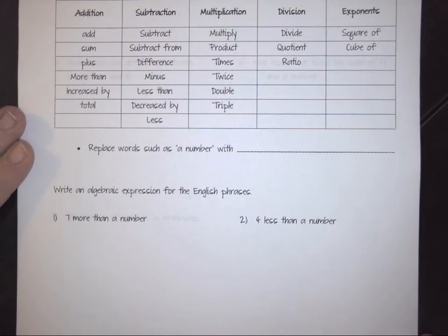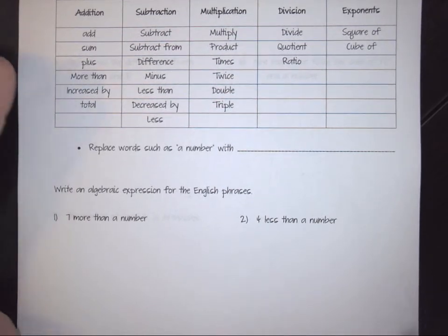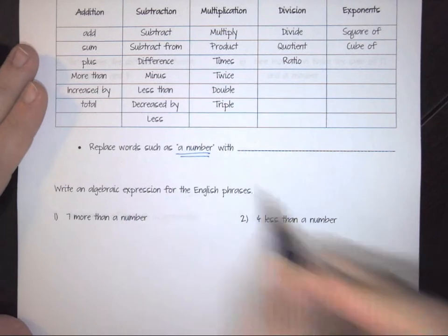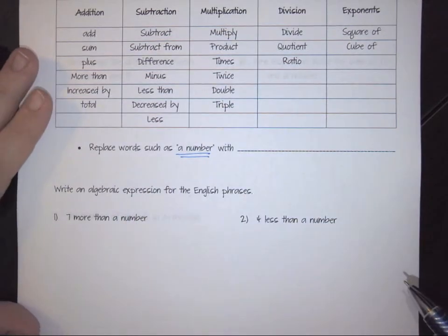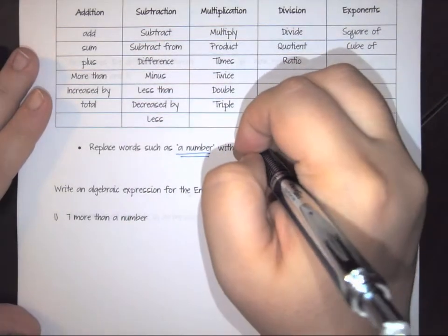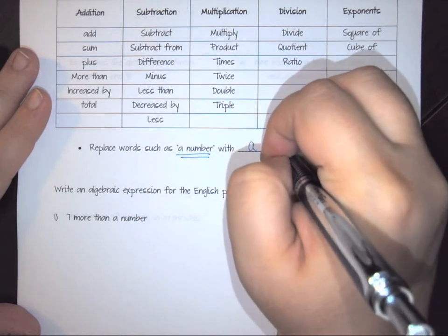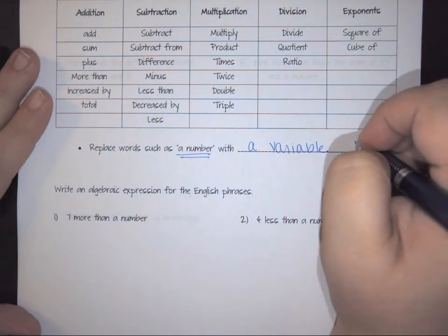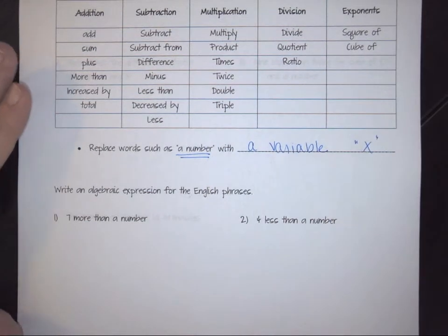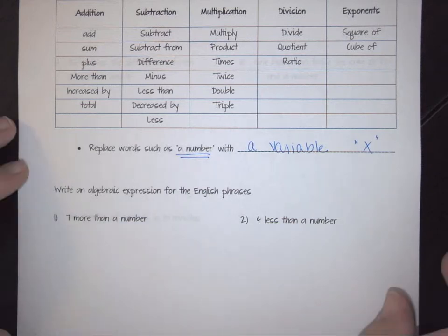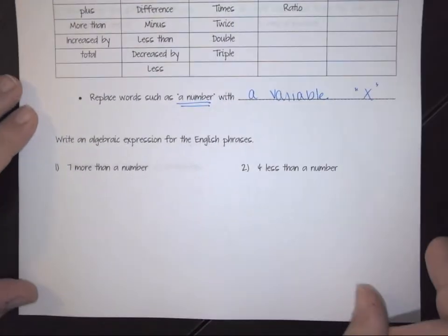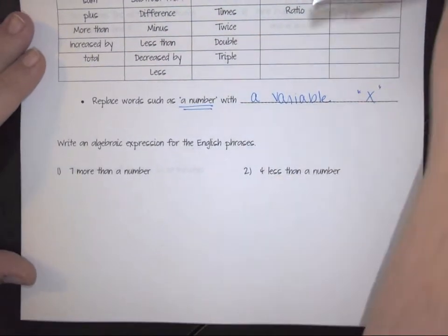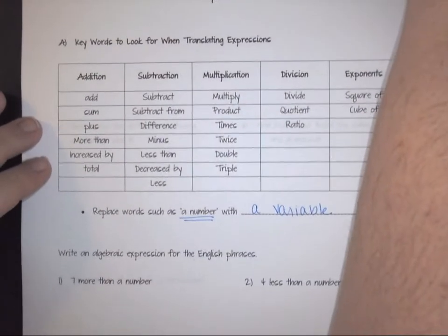Now, when we are talking about the phrase a number, in most cases, this is where you're going to replace it with a variable. Now, most students choose X, but remember you have 26 letters in the alphabet, and so you can pick one and have fun with it. Since most students choose X, I let most of my examples be the same.